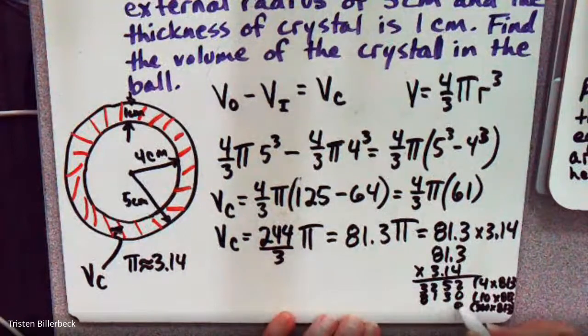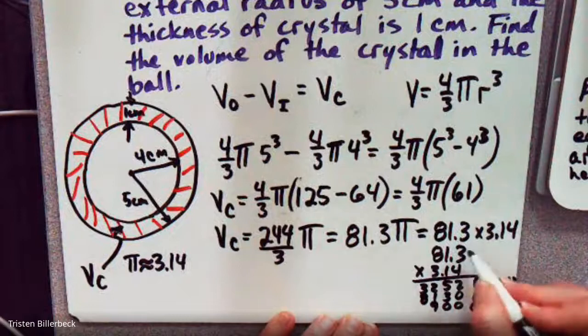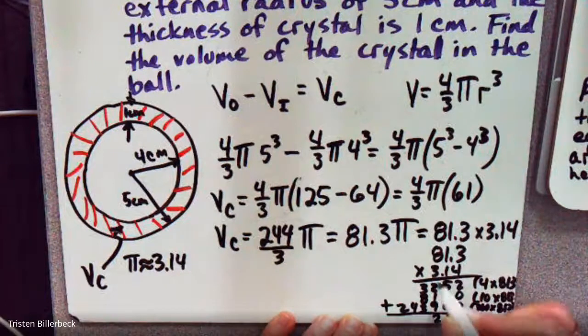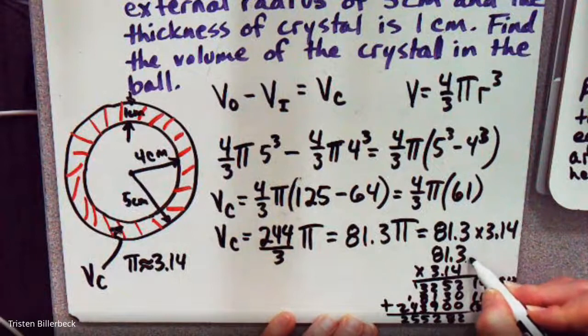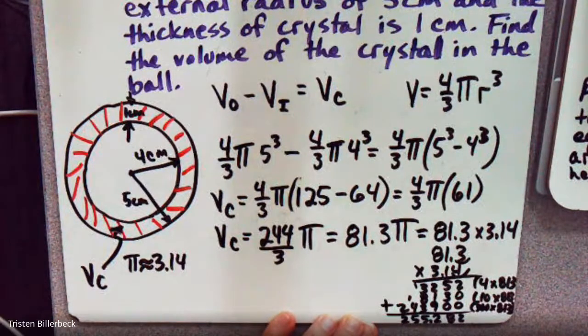So we have 0, 0, and then 3 times 3 is 9, 2439. So when we add all that up, the columns, we get 255 2, and we move the decimal place 1, 2, 3. So it's going to go right there.